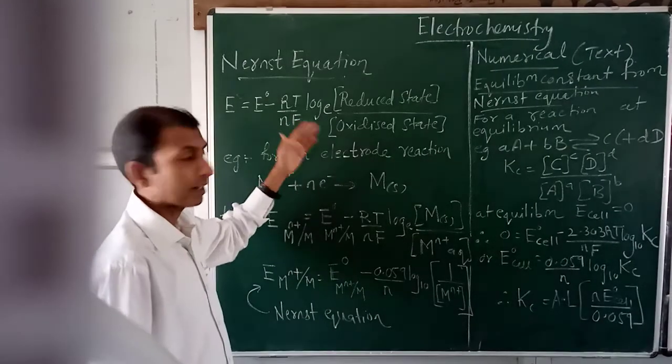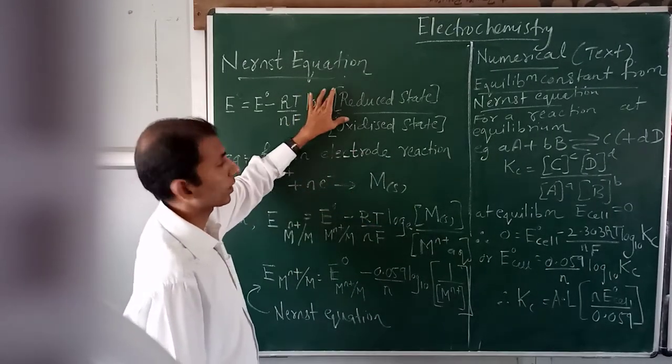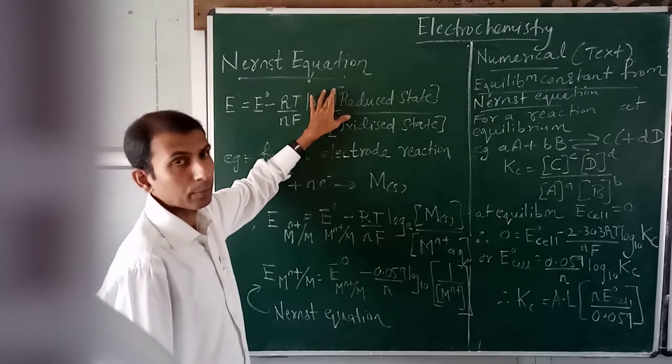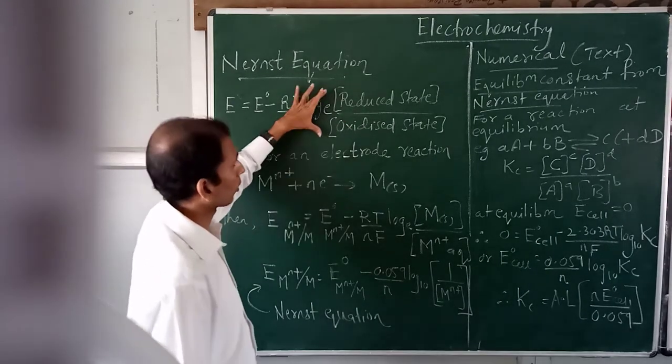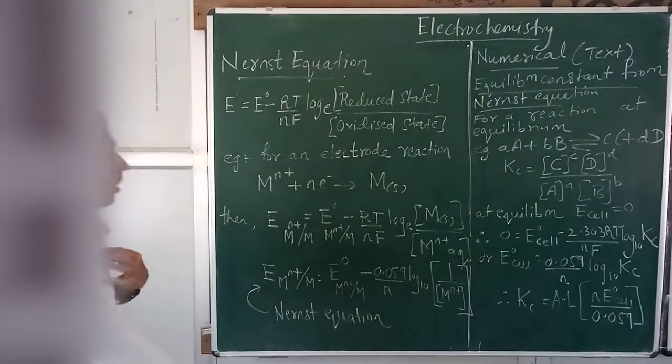We will go into detail in the coming concept. And log to the base e of the reduced state of the chemical species upon the oxidized state, in concentration form. Square bracket means concentration terms.